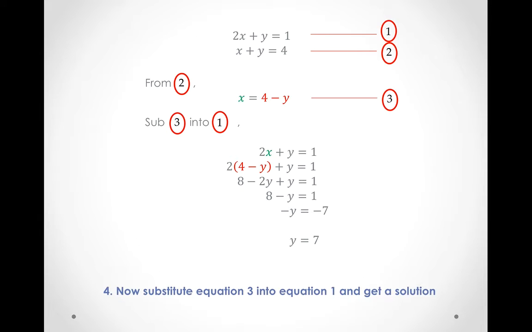So back to equation 1, we're going to substitute 4 minus y in for x. And I'll say it a bit simpler. Starting with equation 1, whenever we see x, we're not going to write x anymore. We're going to write what the value of x was in step 3. x was equal to 4 minus y, so wherever we see x, we're going to write 4 minus y.